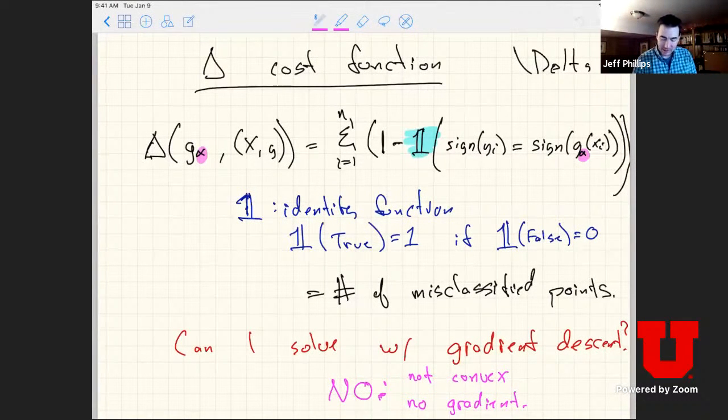Okay, so instead, we're going to find a proxy for this function. We're going to find something that looks kind of like it, and we'll solve that instead. It's a little bit unsatisfying because we're not solving the true function. It turns out that's hard.